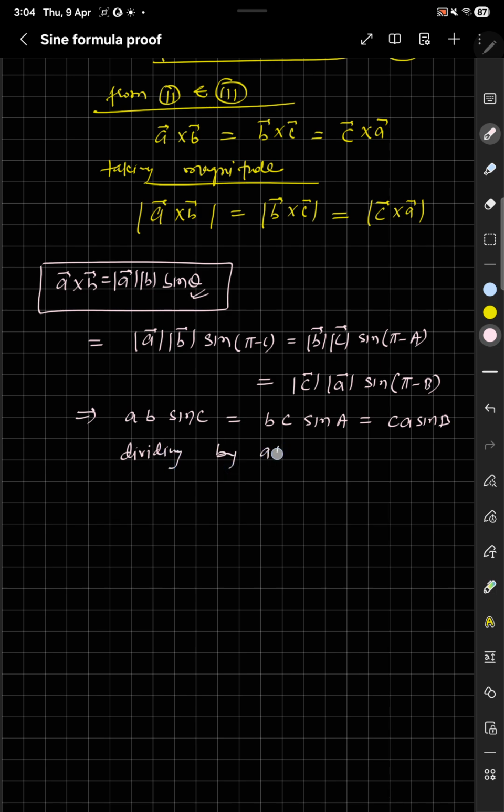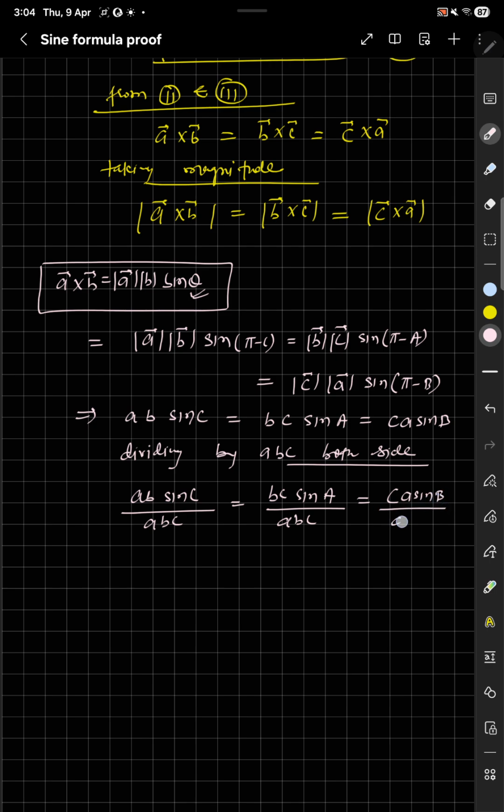Dividing by a b c both side, right? What will we get? A b sine c upon a b c is equal to b c sine a upon a b c is equal to c a sine B upon ABC. CA to CA will get cancelled out, BC to BC will get cancelled out, and AB to AB will get cancelled out.